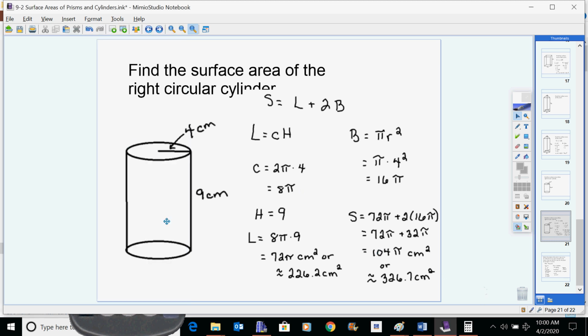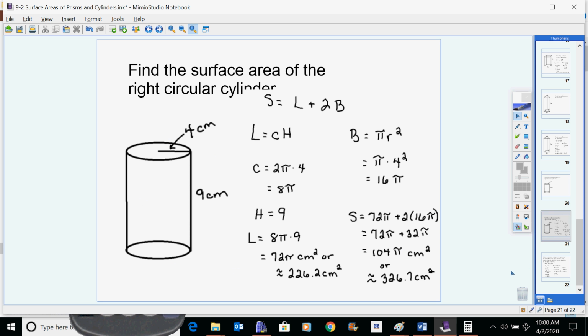And that would be how much surface area there was. You might need paint to cover over a surface area. You might need to coat it with a certain substance. There's various different reasons why you would want to know the surface area for certain things.